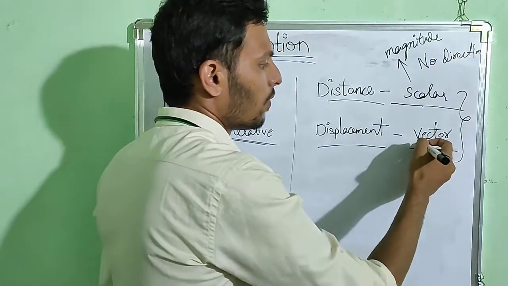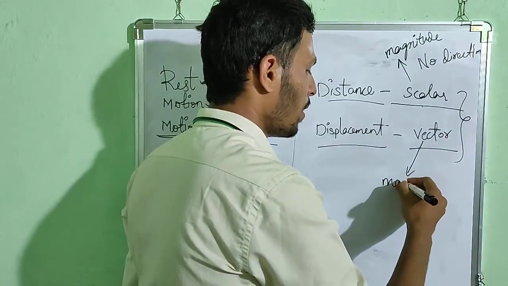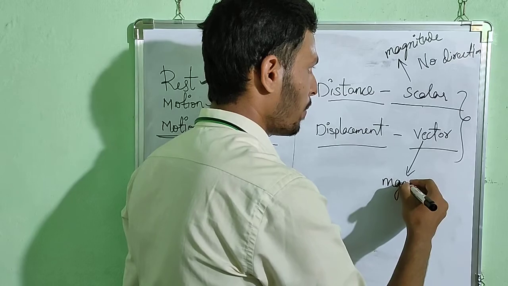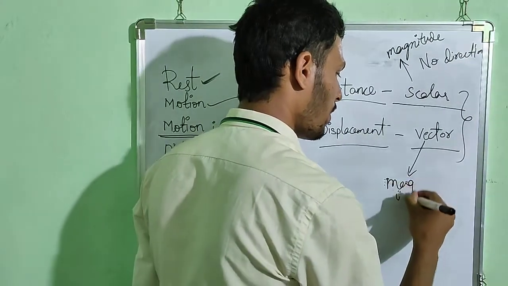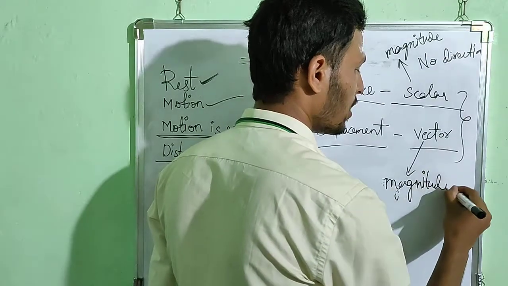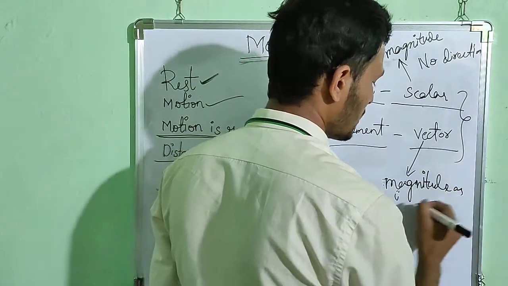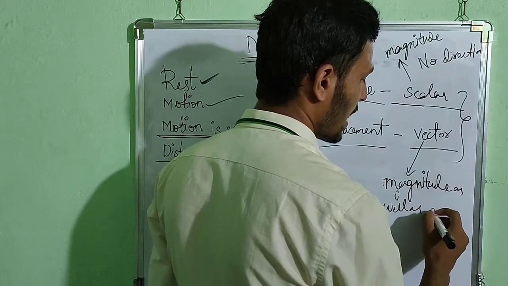Whereas in a vector quantity we have magnitude as well as direction.